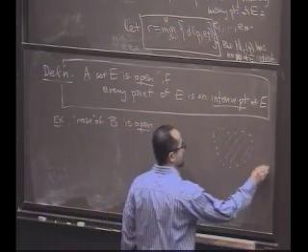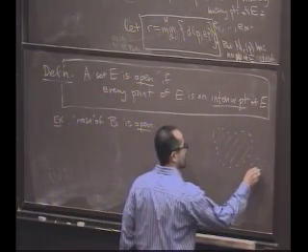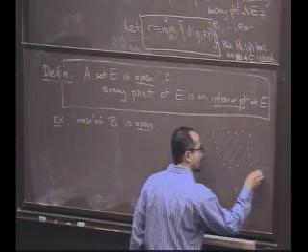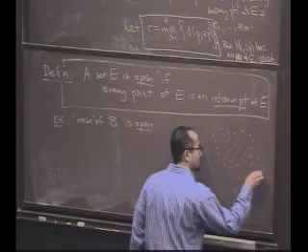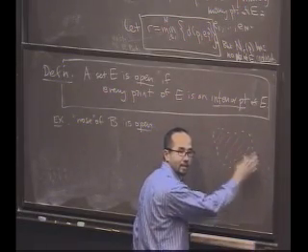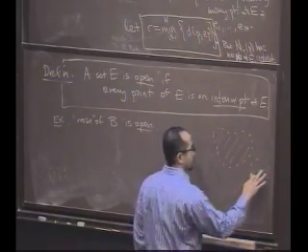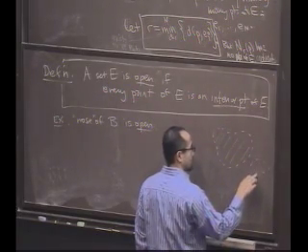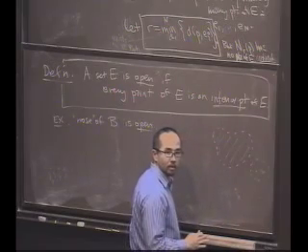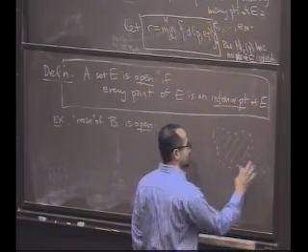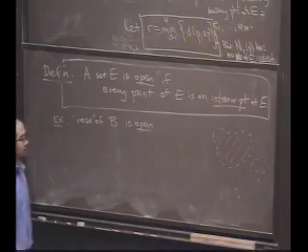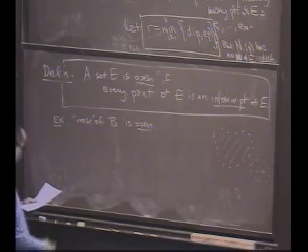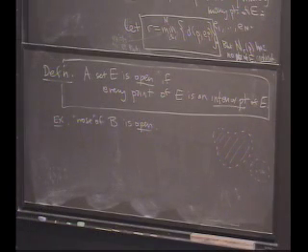Our nose here was like that, right? It's missing a little point, but isn't it true that no matter how close you get to this missing point, there's still a ball around every other point that's completely contained in this set? Yes. Okay. What if the nose had two nostrils? Two missing points. Would it still be open? Yeah? Julian says yes. Okay. It's kind of gross, but yes, it is open. Okay. Excellent. Yes.